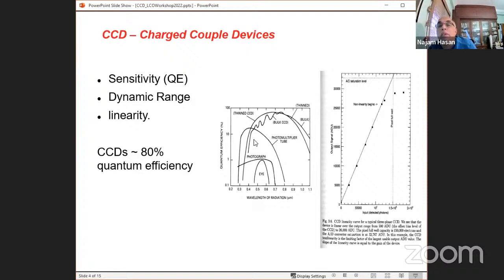And we see that these thin CCDs go all the way from 0.3 to 1, and it extends further up to almost 3 and so on.